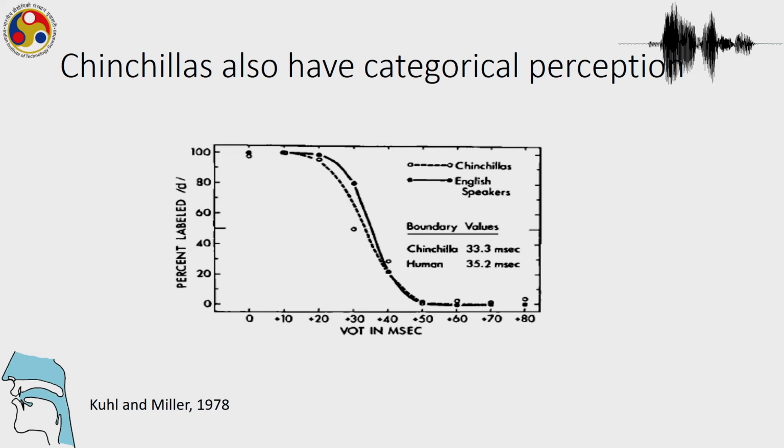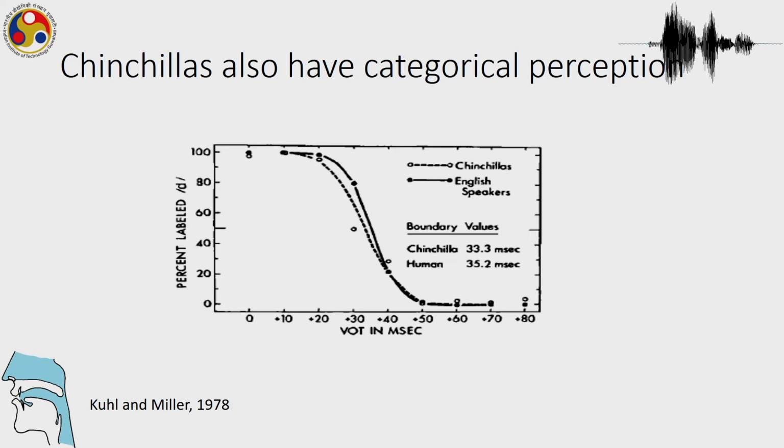Now, going back to categorical perception. This is an experiment done by Kuhl and Miller in 1978. It showed that chinchillas learned to respond when they heard da, but not when they heard ga.